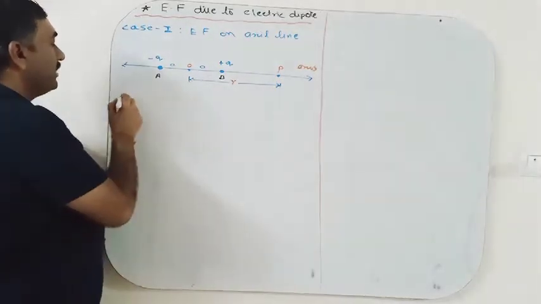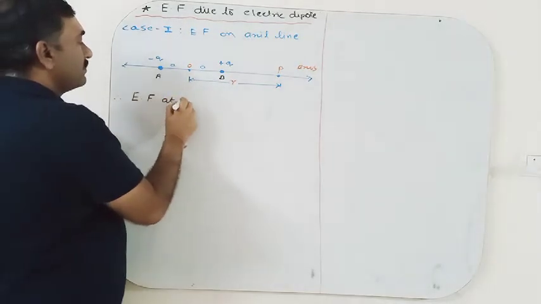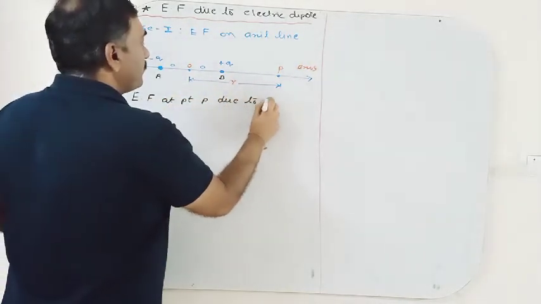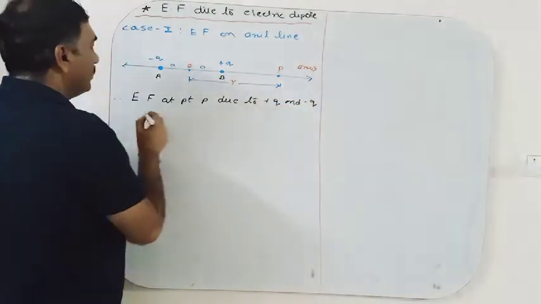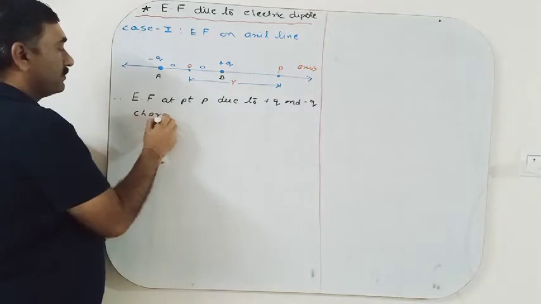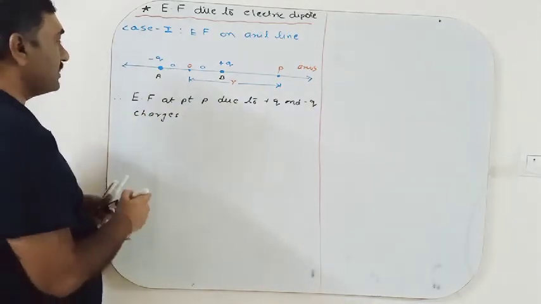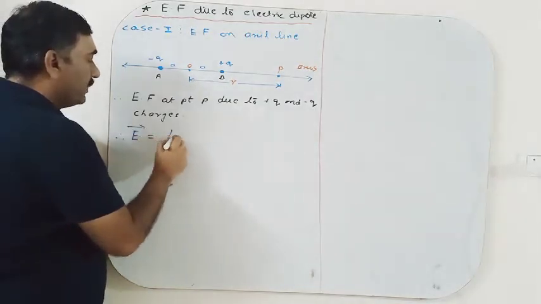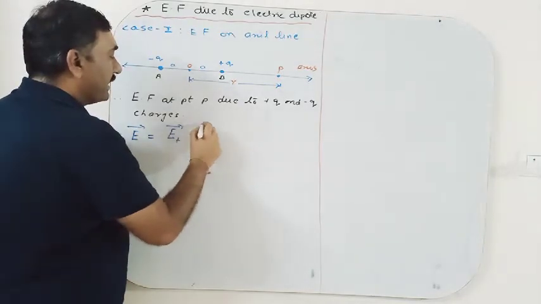So the electric field at point P is due to the plus q and minus q charges. What is the formula for the electric field due to these two charges? The electric field due to the positive charge plus the electric field due to the negative charge.